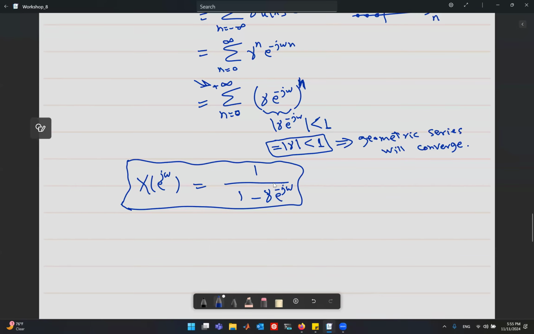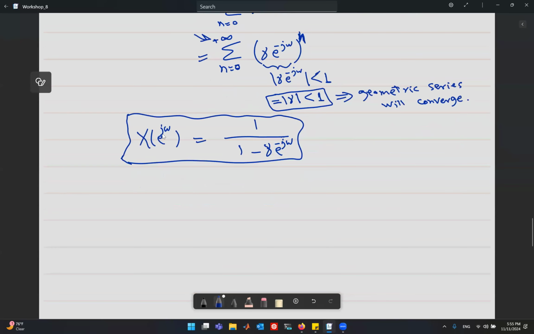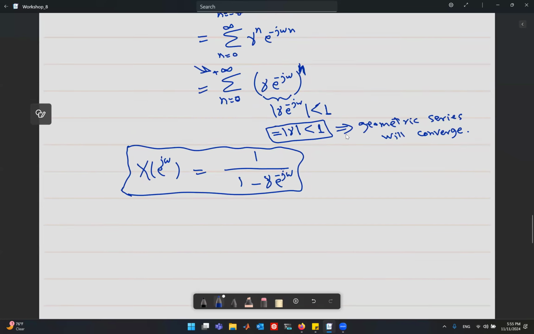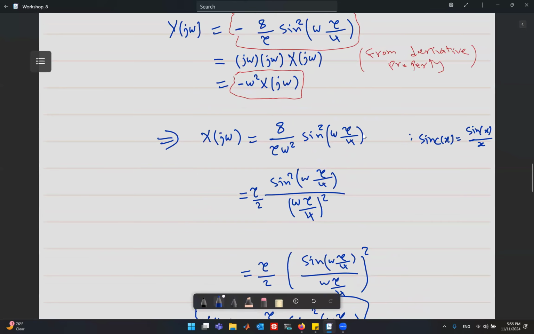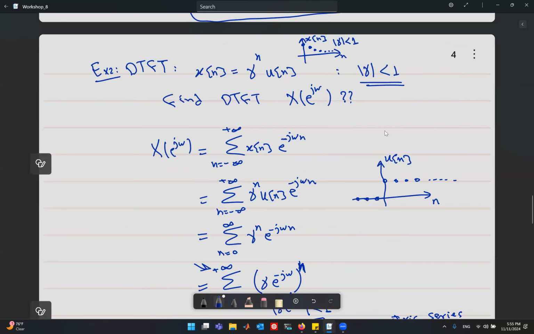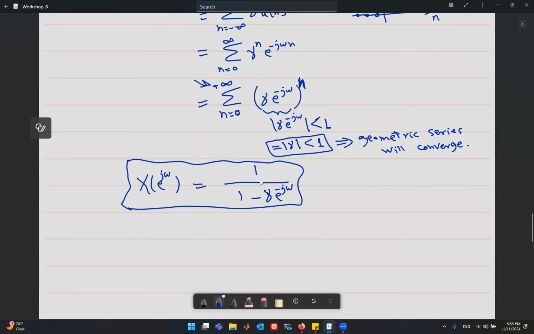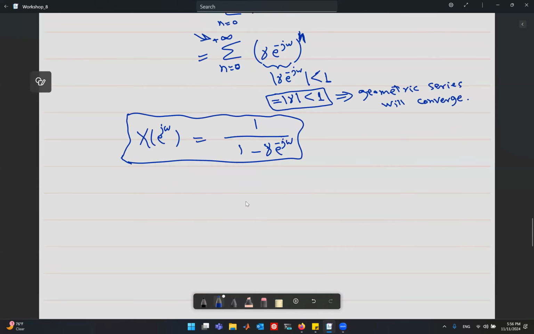And its discrete time Fourier transform is of this form, which is a little bit similar to what we got in the continuous time Fourier transform of a causal exponential signal.